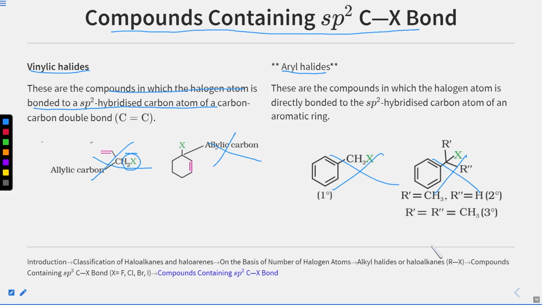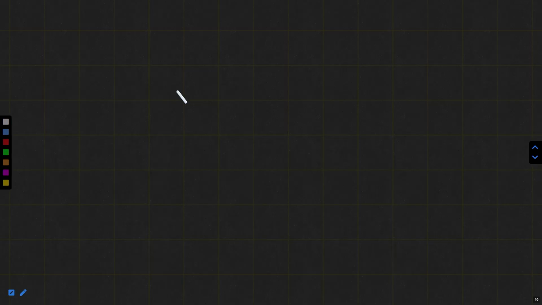Now, if you ask me which one is the most important, then I will suggest that you remember what is primary, secondary, and tertiary. So this you must have seen earlier also. Okay. So when you were studying some basic concepts of organic chemistry, you must have used these terminologies.